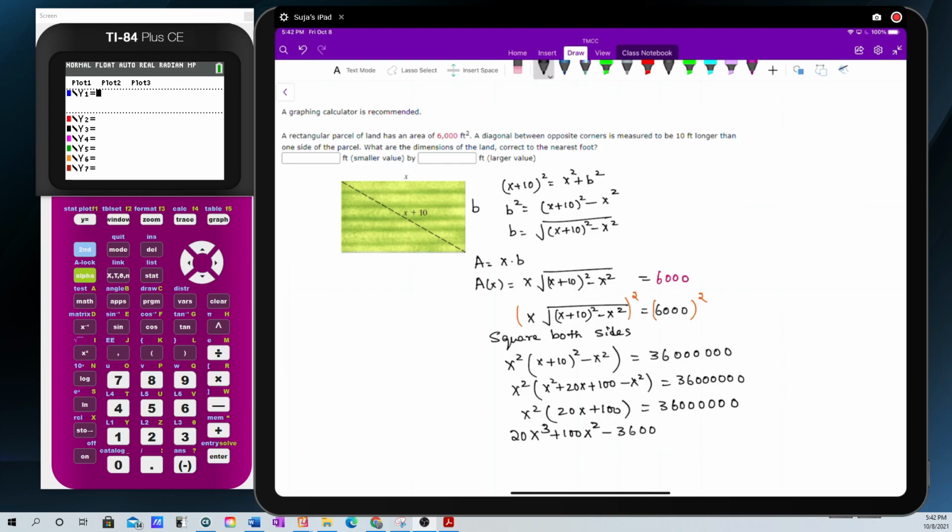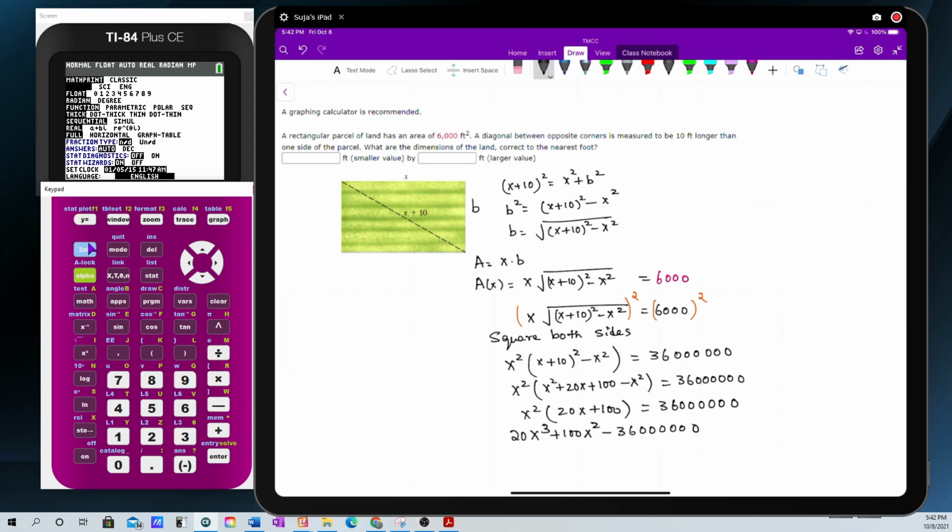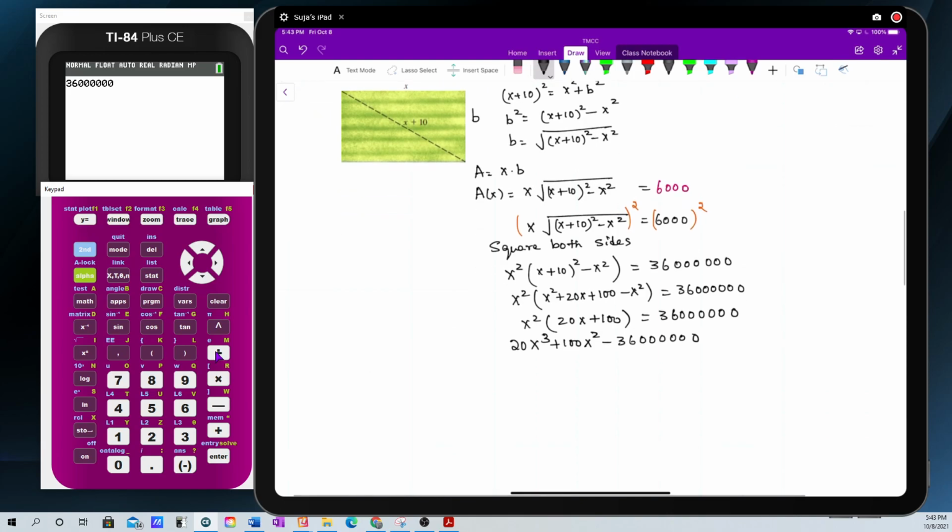minus 36,000,000, equal to 0. So factor out a 20, that will make this an x cubed plus 5x squared minus... if I divide this big huge number by 20, I will get 1,800,000.